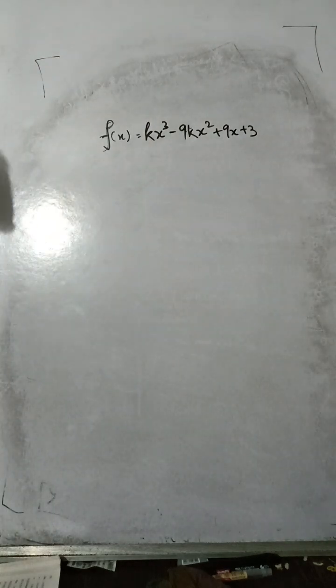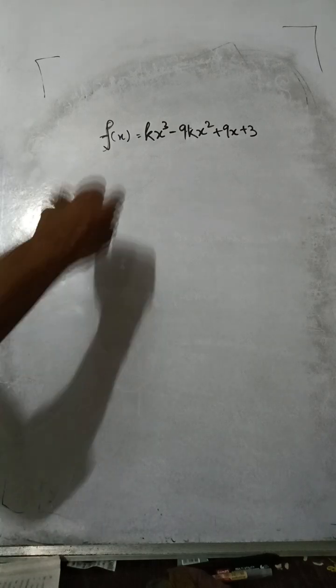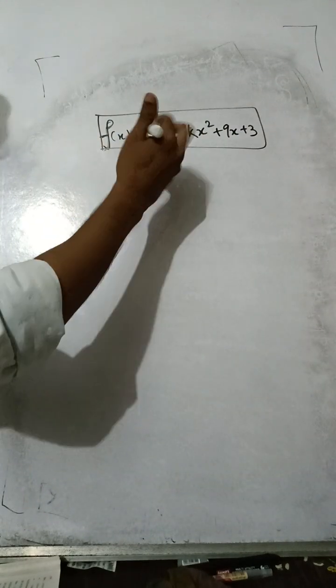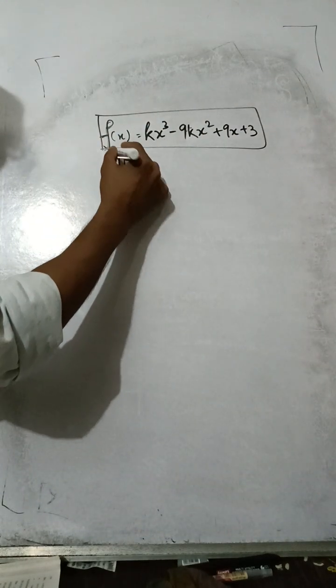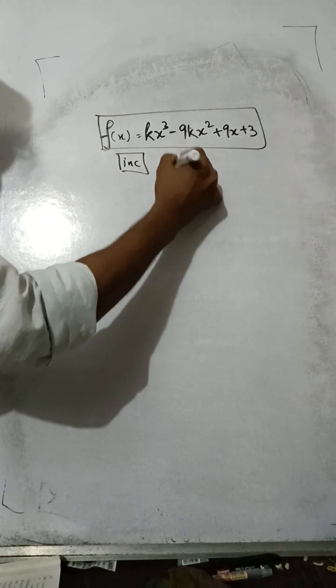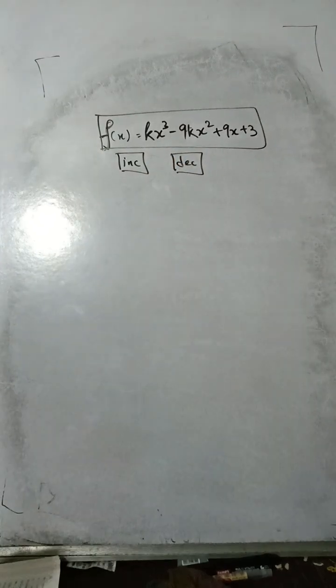Suppose this is f(x). So we have to again show where this function is increasing and where this function is decreasing. It means we have to discuss the intervals in which this function is increasing and decreasing.